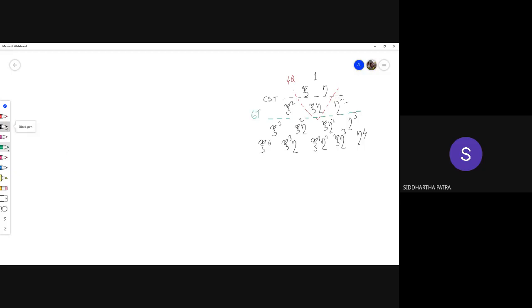So let us construct the six-noded triangle. This is the arbitrary triangle in the physical coordinates, and let's say these are the corner nodes, and after that you would be having the mid-side nodes, so I can number them as 4, 5, and 6. In the natural coordinates, this is how the triangle looks like, a right angle triangle.